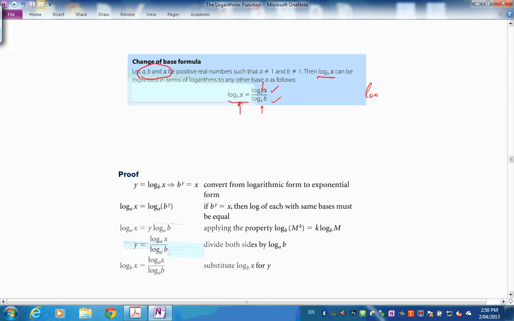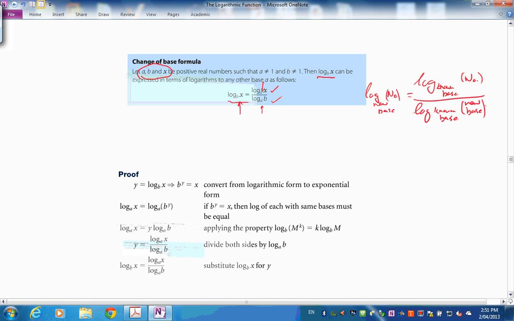The log to a new base of a number, this is not a bad way of thinking about a generic mathematical formula, is log to the known base, if you like, of the number, divided by log to the known base. There's like a converting factor in the bottom line of the new base, which isn't tabulated, if you like.